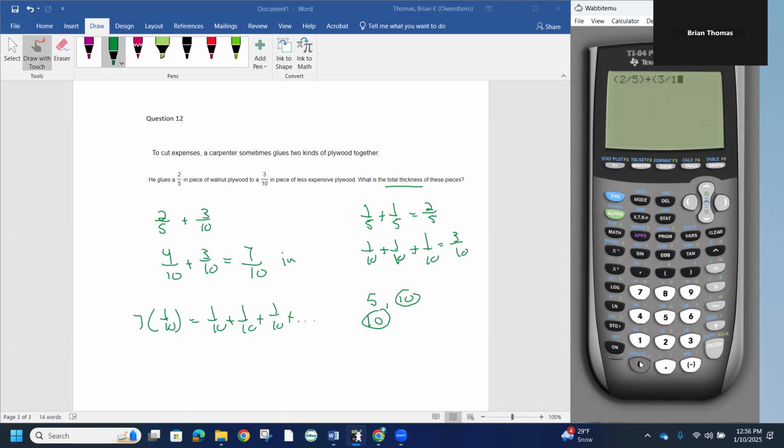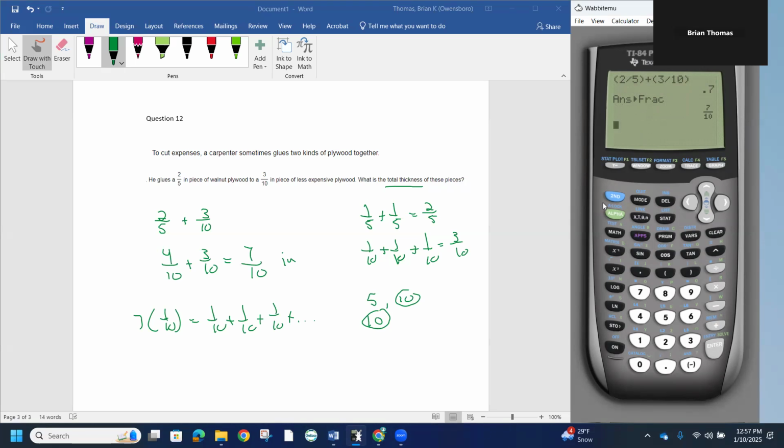I feel more comfortable sometimes using parentheses to say, hey, do the 2/5 and then add the 3/10. On the calculator, I turned it into a decimal, but notice that means 7/10. Or if I use the math button and turn my answer to a fraction, it'll give me this 7/10. So you can do this math on a calculator as well.